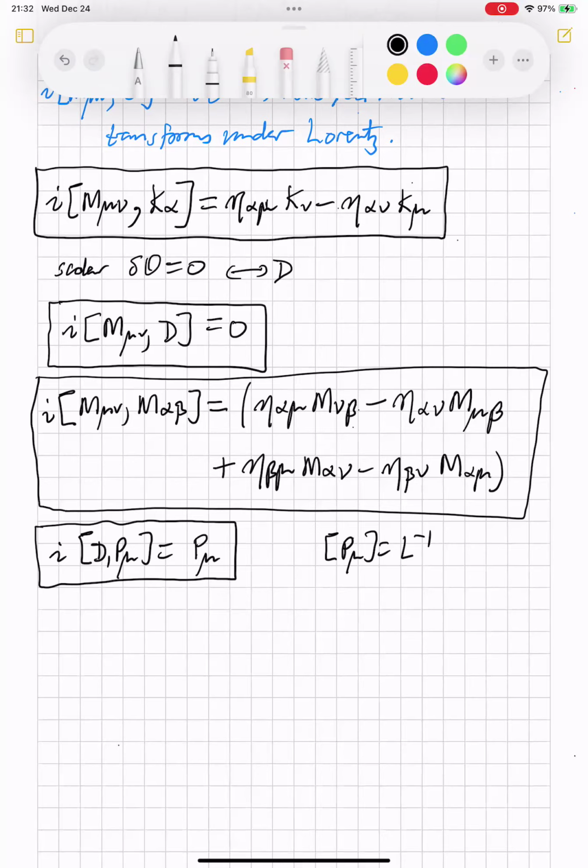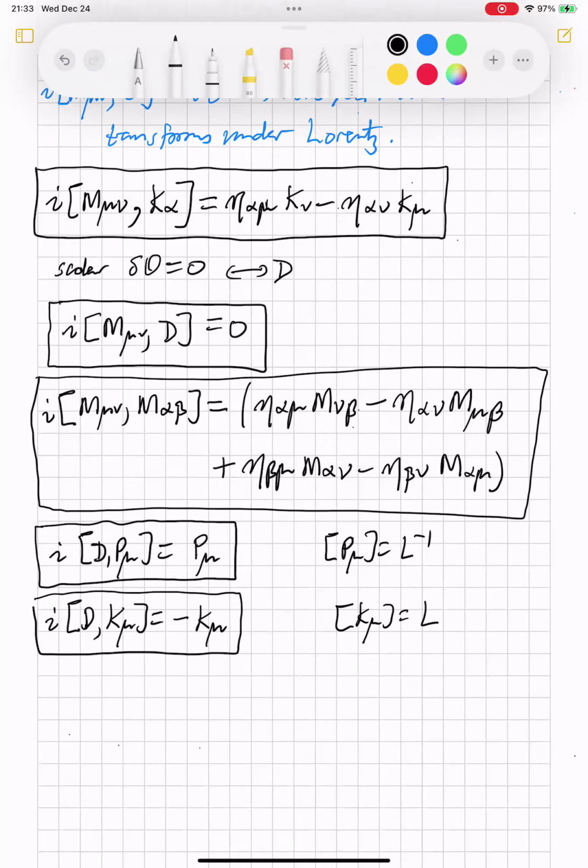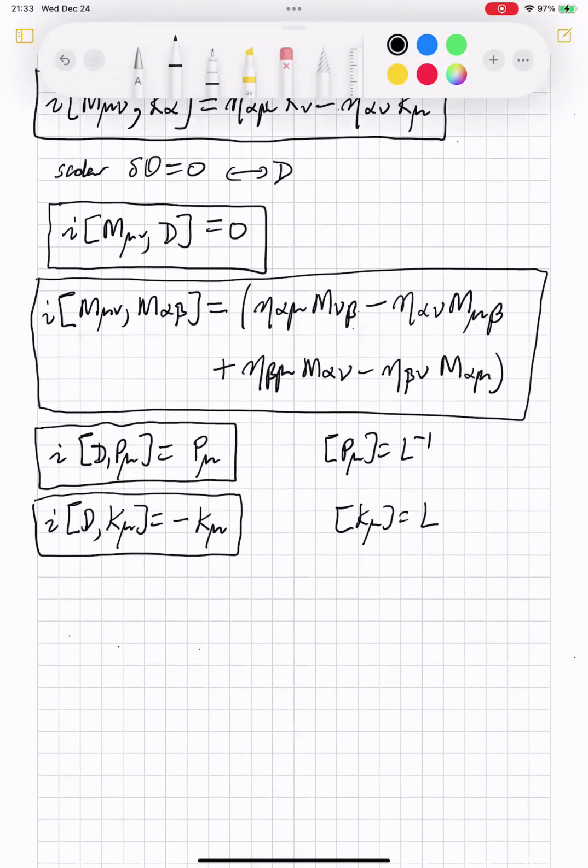If we look at K mu, well, K mu is a length. So we can immediately write down the following commutator. You should check both of these. It looks exactly the same, but there's a minus K mu. Why? It scales in exactly the opposite way because it is a length, not an inverse length. And then finally, we know that M mu nu is dimensionless. That means that i D comma M mu nu is equal to 0 because it has no dimensions.